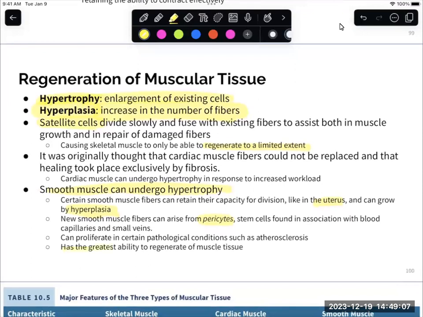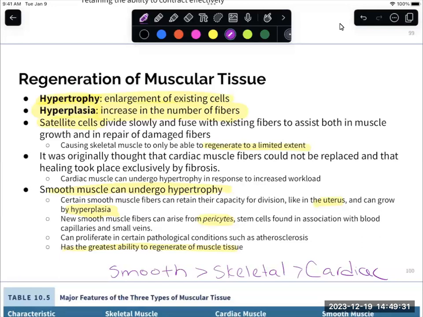And smooth muscle has the greatest ability to regenerate. I think I wrote this once before, but it's smooth, then skeletal, then cardiac. This is the order. Smooth muscle has the largest ability to regenerate, then skeletal muscle, then cardiac muscle has the least.